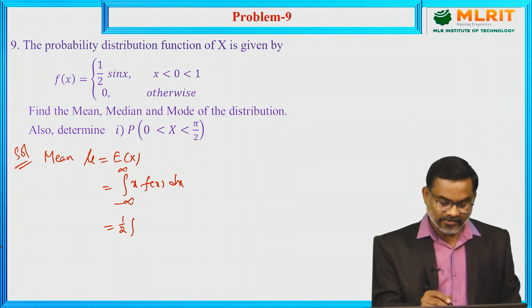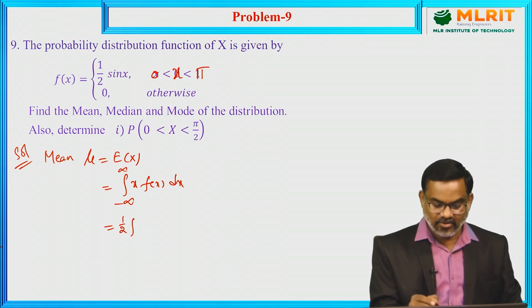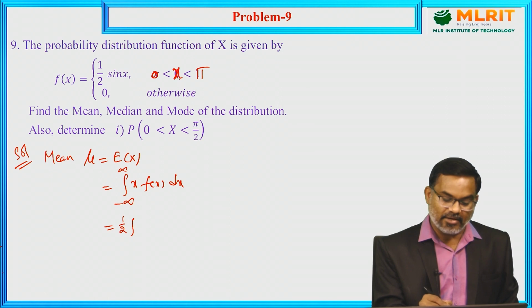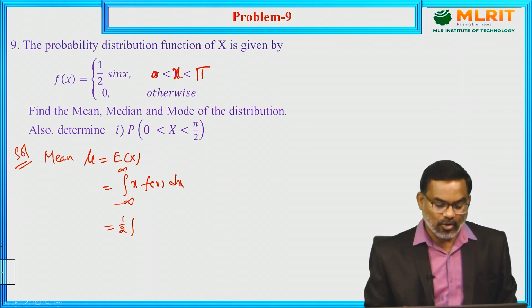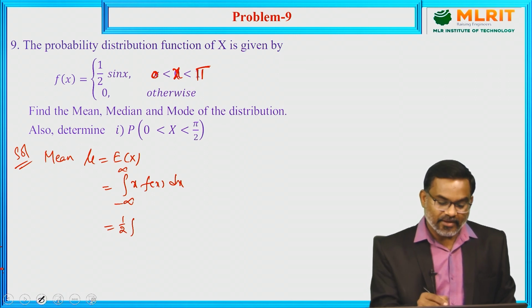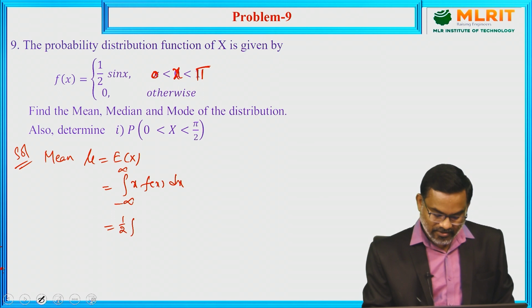So, here in fact these values are 0 less than x less than pi, half sin x, and 0 otherwise. So, these are the values of x lies between 0 and pi.